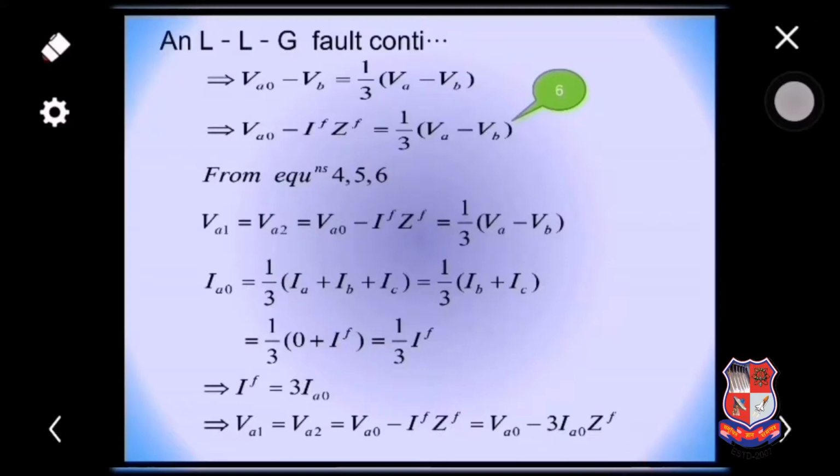Say equation number 7. Now this gives us the idea to construct the interconnection of the three sequence networks. All three sequence networks are to be connected in parallel. As IA is equal to 0, the three sequence currents are meeting at a junction, and that summation is also 0. Now let us construct the interconnection of the three sequence networks.